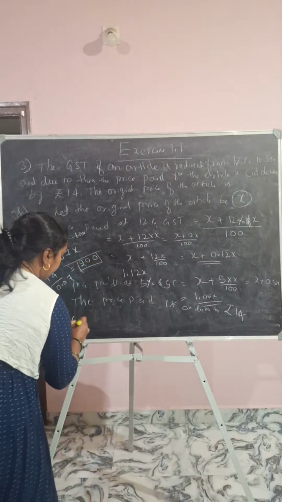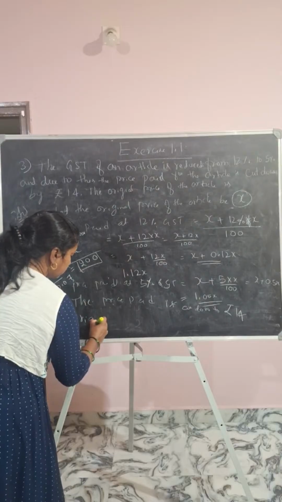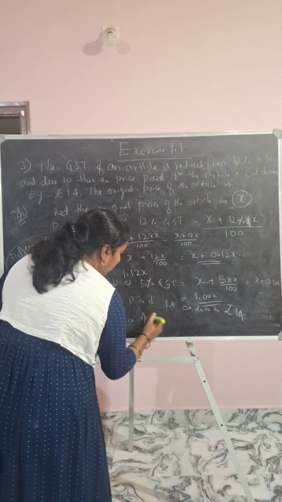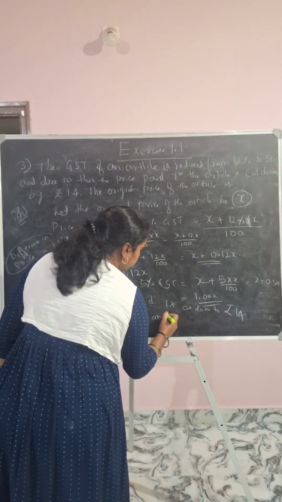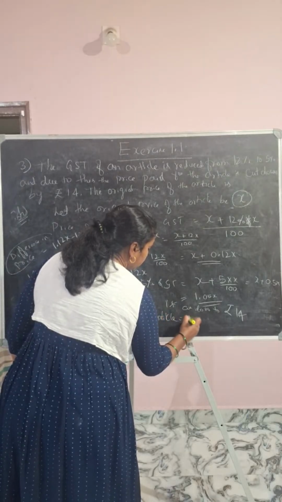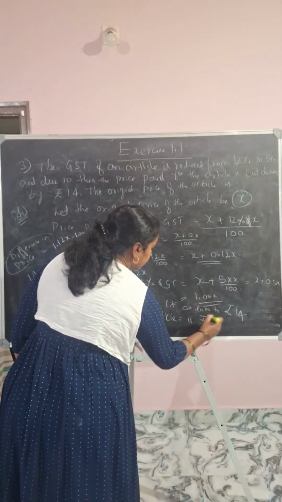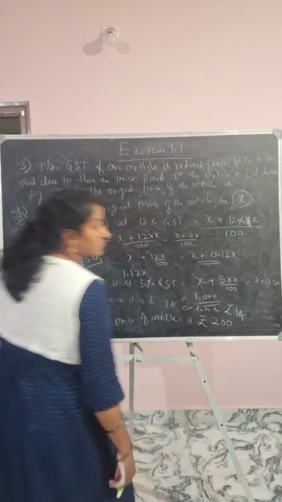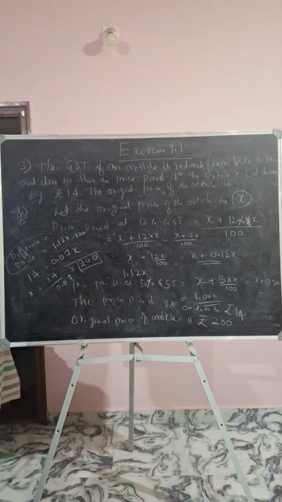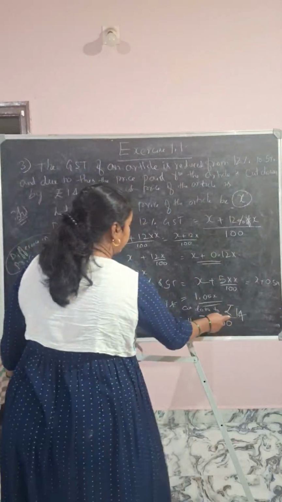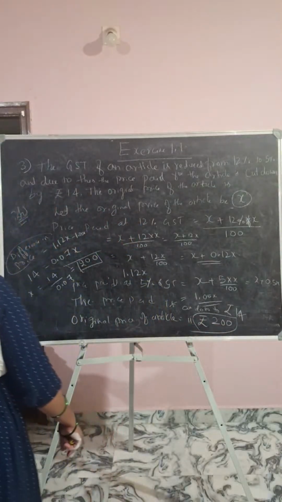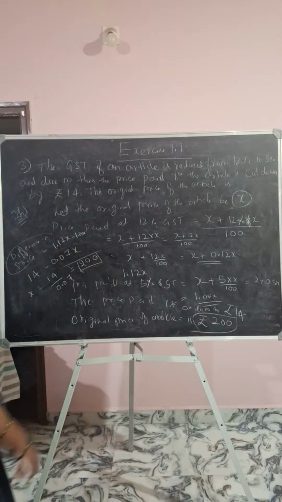So the original price of the article is rupees 200. So the answer for this question is rupees 200. That is option 4.